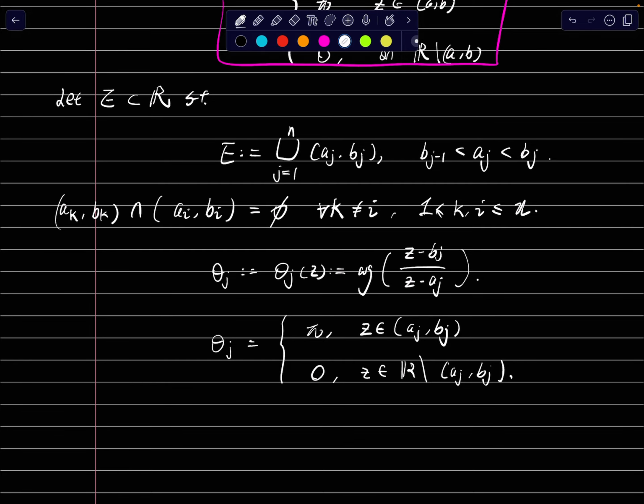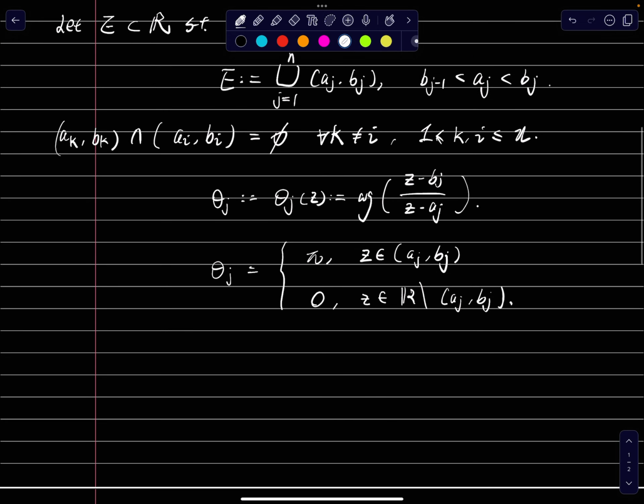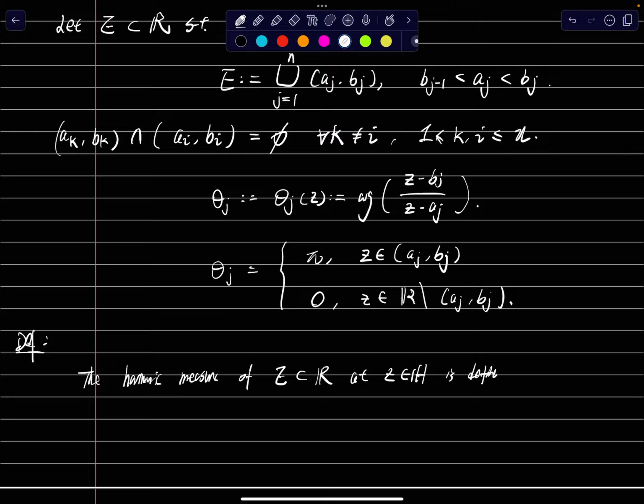Okay, so now we can define our harmonic measure. The harmonic measure of a set E at a point z is denoted by omega(z, E, H), and it's defined to be the summation over j from 1 to n of theta_j over pi.